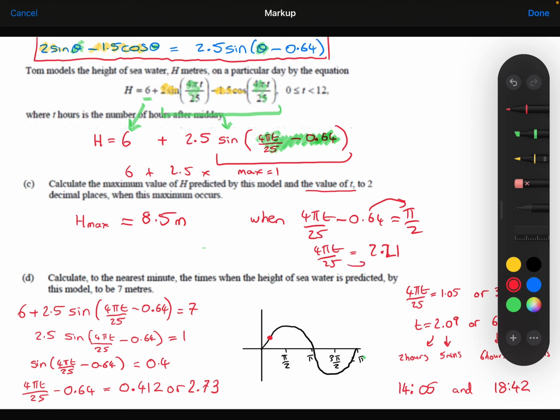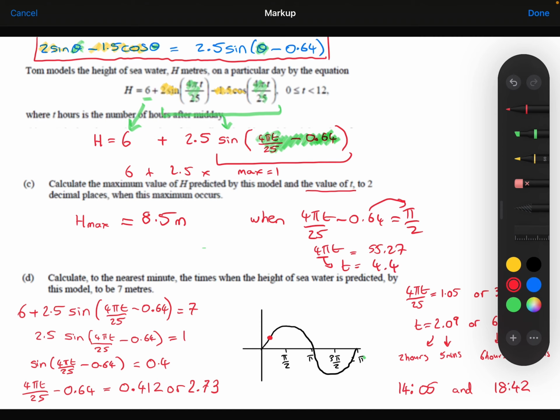And then I'm going to multiply by the 25, which gives 55.27. And then divide both sides by the 4 pi to make t the subject. And we get the value of t as being 4.40.